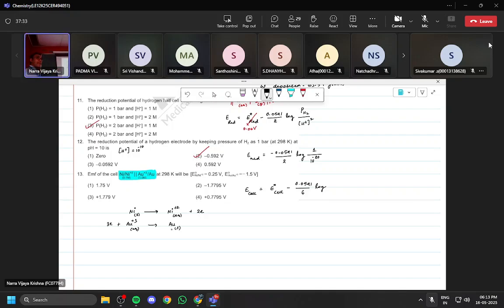Number of electrons gained and lost must be made equal means what I have to do? These electrons and these electrons should be equal. How can I make them equal? Multiply first equation with 3, multiply second equation with 2. So if I multiply this with 3, correct or not? If I multiply this with 2, correct or not? Then what is the overall reaction?